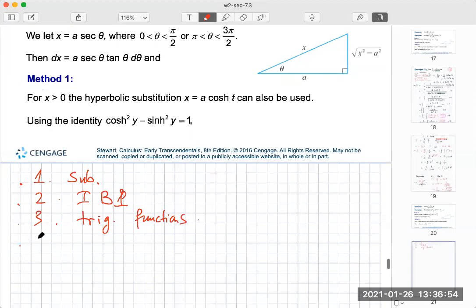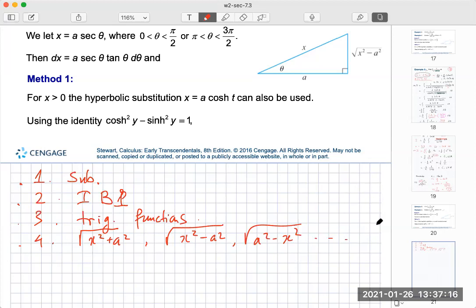And in section 7.3, we want to deal with the radical signs. Sometimes it is x squared plus a squared, or x squared minus a squared, or a squared minus x squared, or etc. We have some strategy to deal with this.